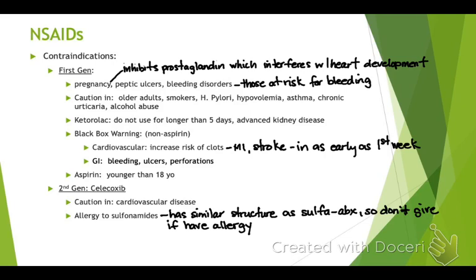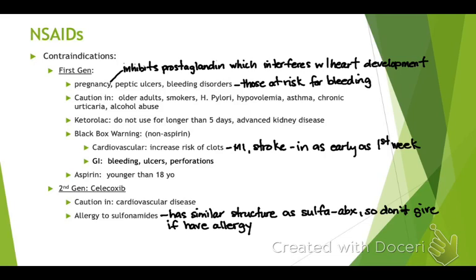You also want to make sure you read or make your patient aware of the black box warning, especially for those non-aspirin NSAIDs. The cardiovascular risk is an increased risk of clots, so you are at increased risk for MI or stroke in as early as 1 week of use of NSAIDs, and GI bleeding, ulcers or perforations are also part of your black box warning.